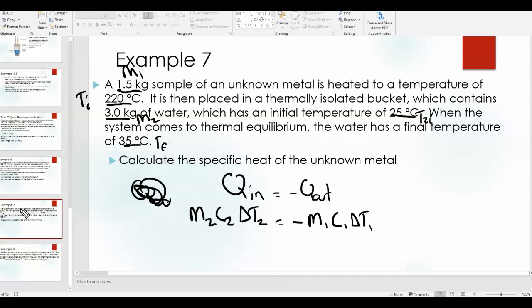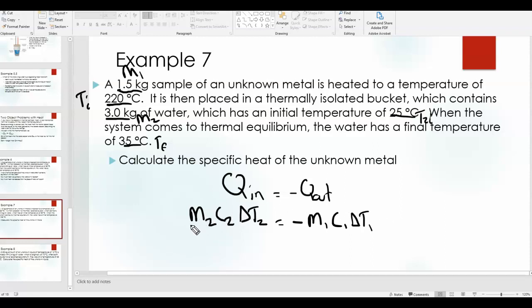People always ask me, how do you know which one is which? Honestly, it doesn't really matter if you get the values switched. If you get your Qins and your Q outs flipped, you'll still get the same answer, as long as you're consistent with everything. So don't worry too much about that.